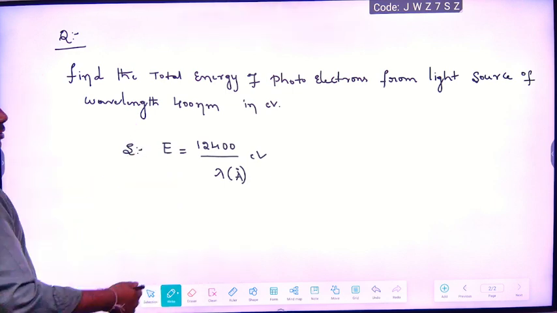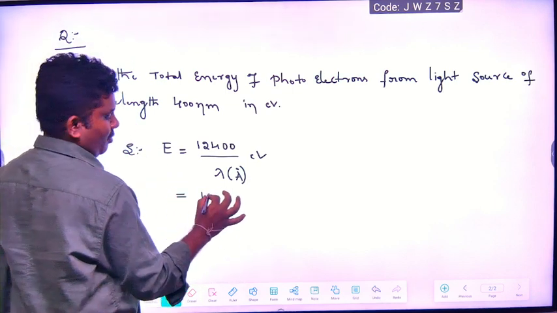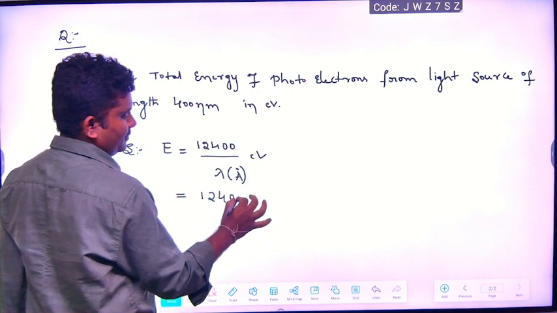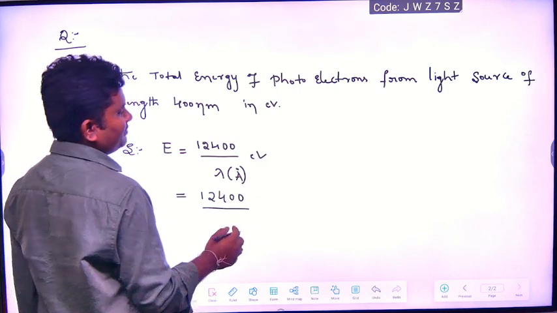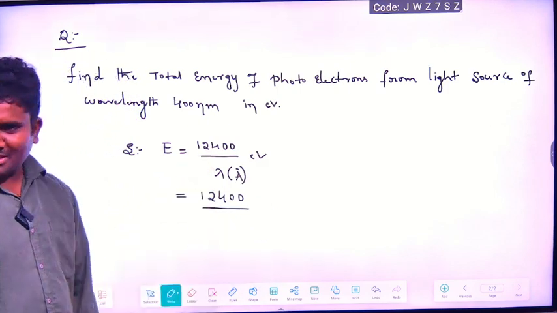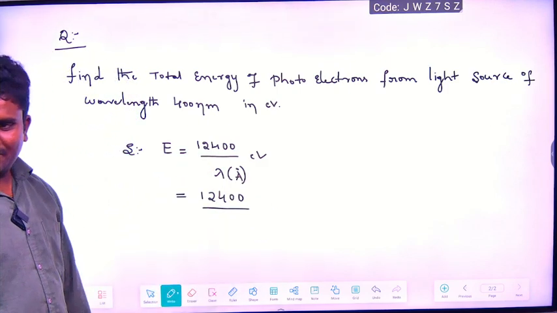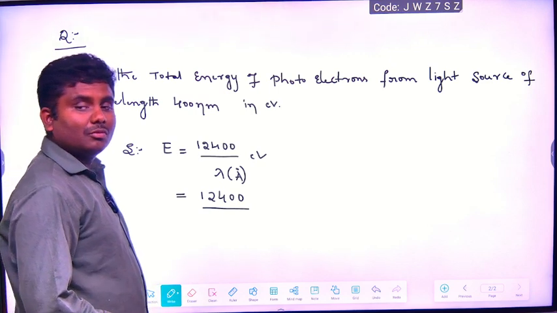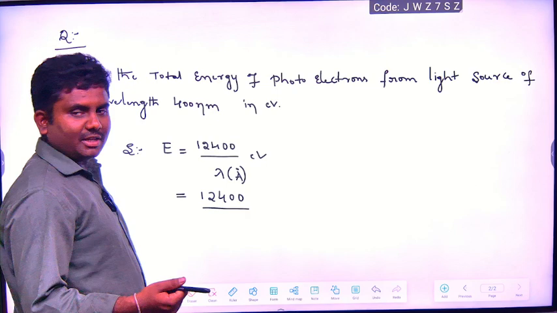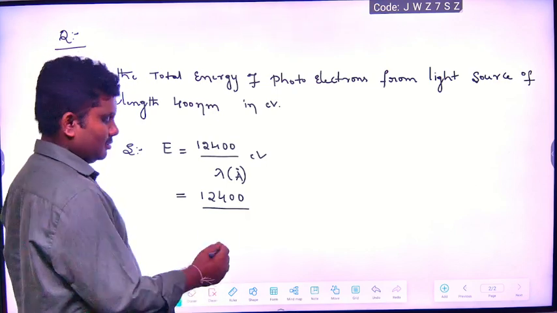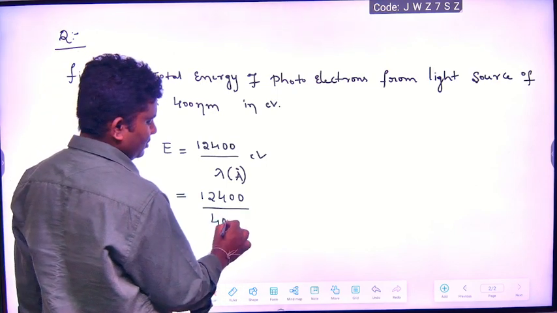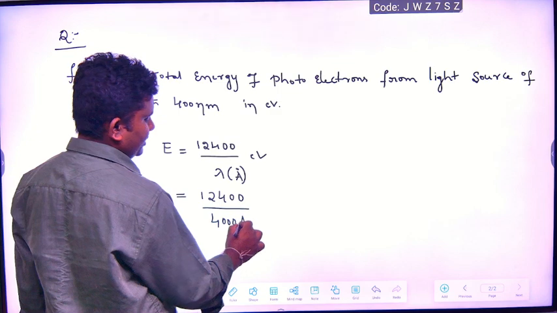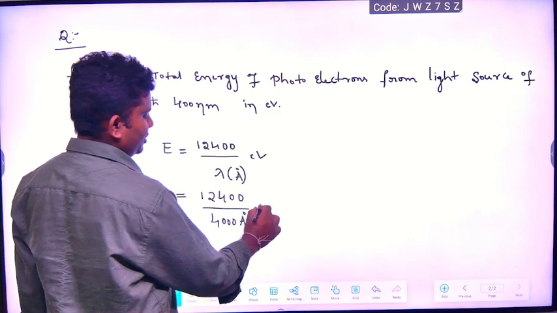Now, how much will you get? 12400. Lambda is how much? 400 nanometer is how much angstrom? How to convert it into angstrom? 4000 angstrom. Correct, right? Electron volts.